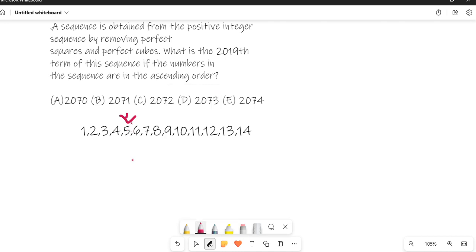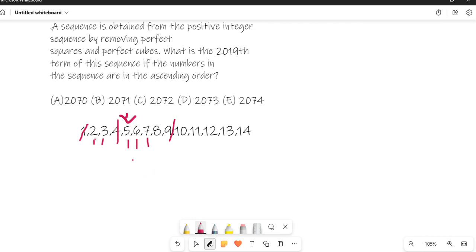But now if I ask you what is the fifth digit after deleting all the perfect squares, I know 4 is a perfect square, 9 is a perfect square, 1 is a perfect square. So these three are the perfect squares. Now if I ask you what is the fifth digit, then you will count 1, 2, 3, 4 and 5.